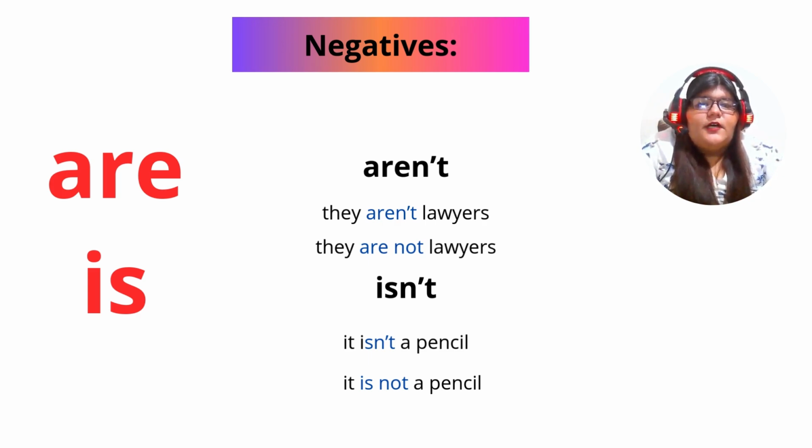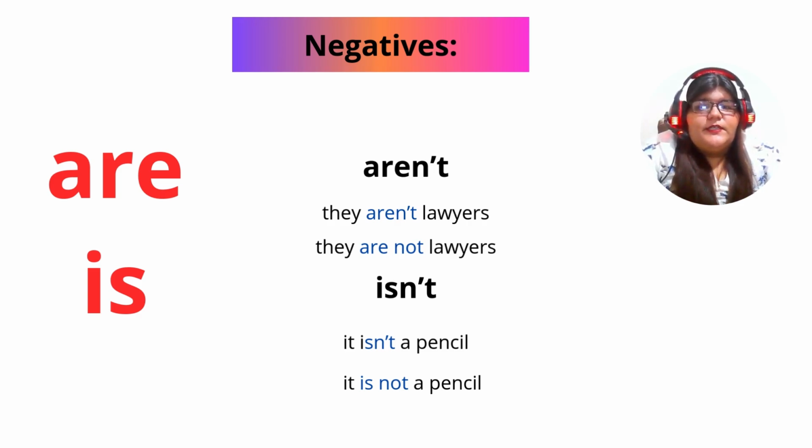So remember the negative, guys. For example, are is for plural nouns. If you want to say they aren't lawyers, that is another way in which you can use the negative form. And we have they are not lawyers. So it's up to you guys in which way you want to express that something is not true, that is negative.